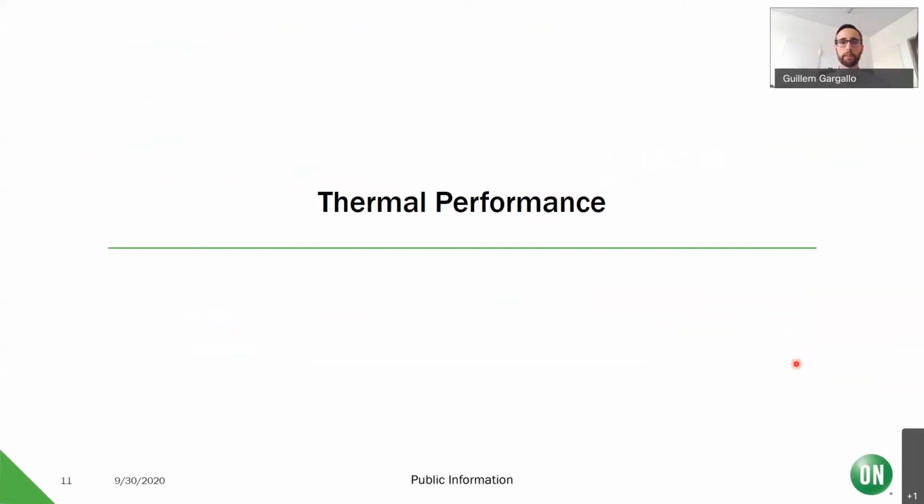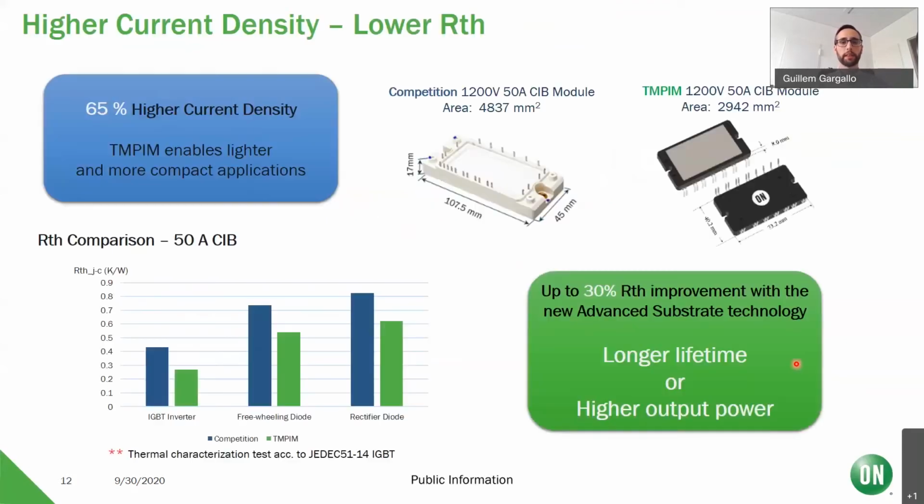So then, this being said, let's take a look in more detail at the thermal performance. Here we can see that when we use our advanced substrate, we have a significantly better RTH compared to a base plate package from other vendors with a silicone gel filled package.